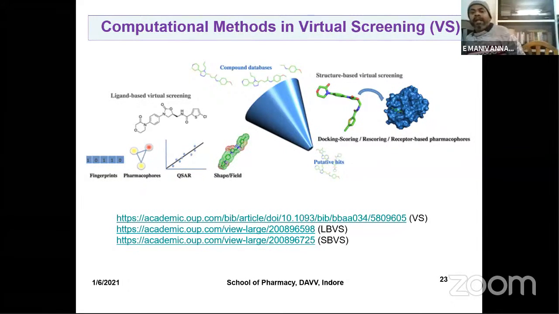Okay, that is the ligand-based virtual screening approach. Molecular docking is the most frequently attempted method in structure-based virtual screening.